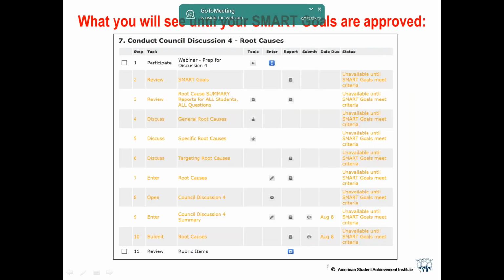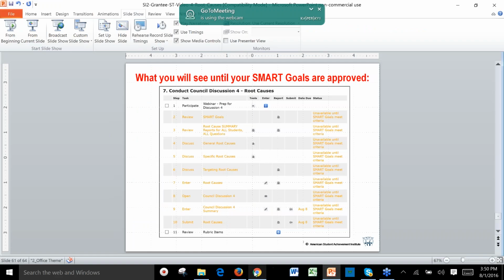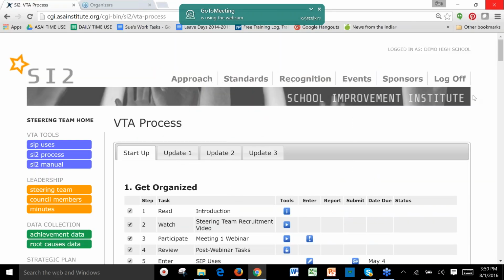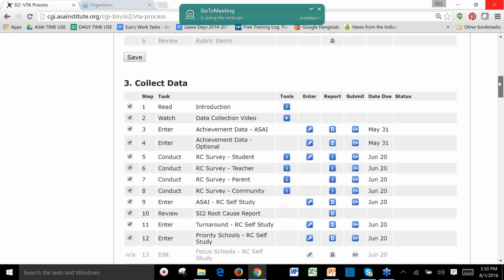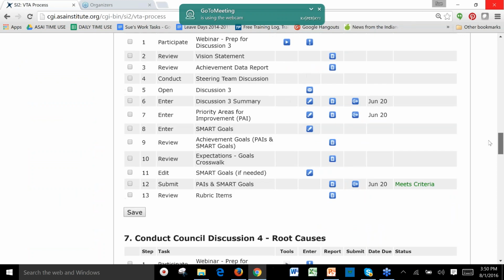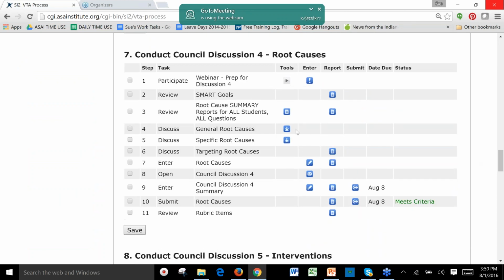Okay, so let's go out here, and I'm logged in as Demo High School. I'm on the Vision to Action process page, and I'm going to scroll down to step 7, which is to conduct the council discussion for root causes.